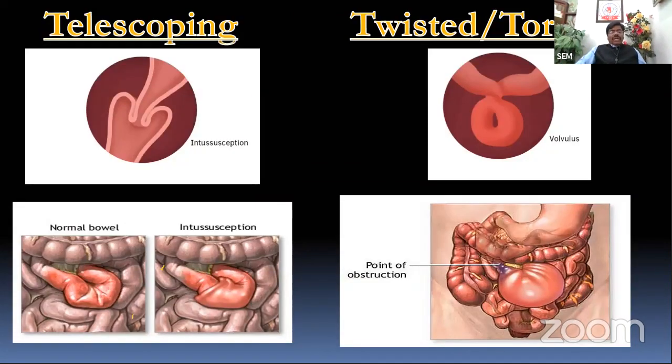Other causes for strangulation and other extraluminal causes are a twist in the bowel or a telescoping bowel. The bowel goes one into the other, like the proximal bowel going into the distal bowel, telescoping like this. This is a classical intussusception, because the bowel thinks there is some food inside, so it tries to push.